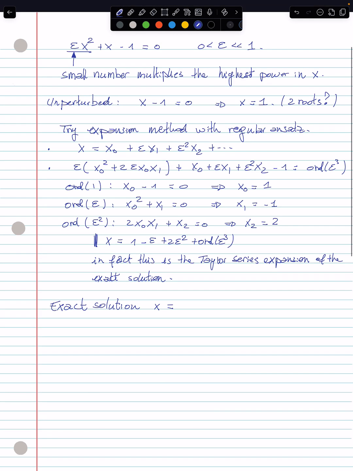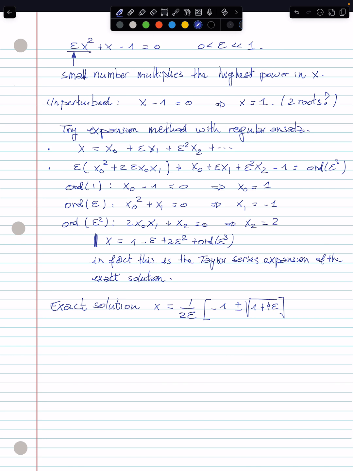So this is 1 over 2a. So 1 over 2 epsilon multiplied by minus 1 plus or minus the square root of 1 plus 4 epsilon.